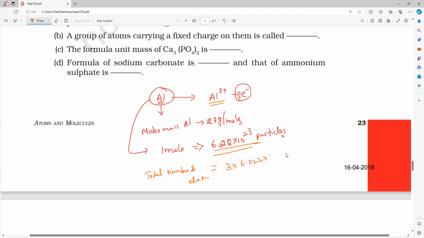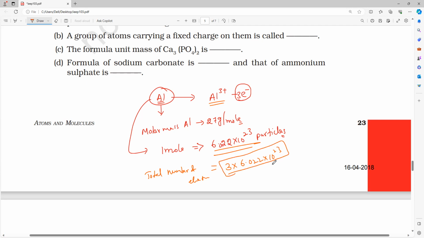Am I right, everybody? Because we have Avogadro number of aluminum atoms. So this is the total number of electrons.